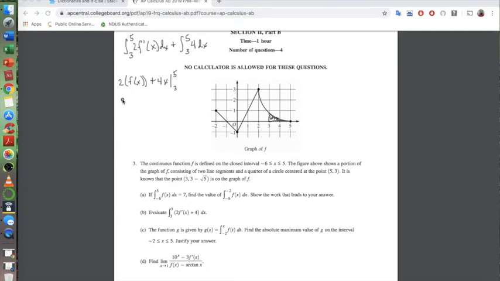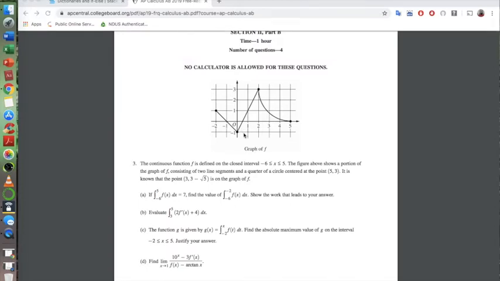We're going to multiply that by 2, and we get negative 6 plus 2 root 5, and we're going to add to that 4x. If x equals 5 we get 20, if x equals 3 we get 12, 20 minus 12 is 8, and so you can simplify this and get 2 plus 2 root 5 for our second answer.